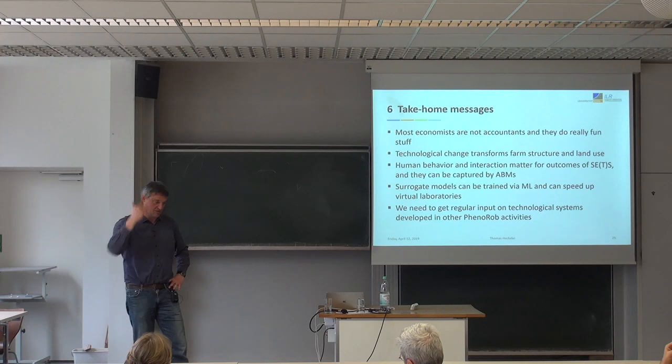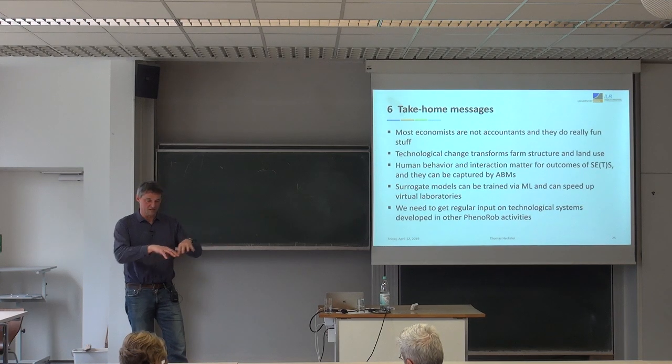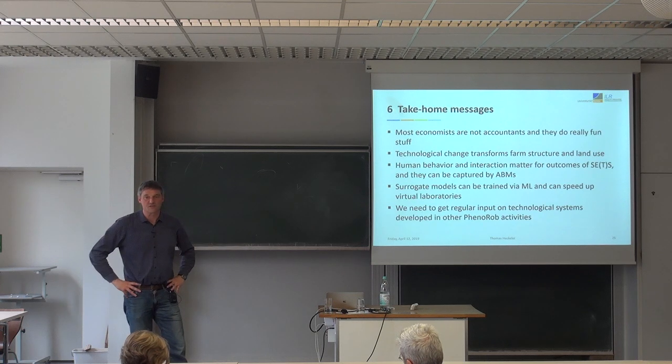Especially when you go into the regional upscaling, you cannot forget the animal production systems, even when you only look at crop management. So I think our choice would be to give it an empirical context like North Rhine-Westphalia. That would probably be, for all kinds of reasons, a good starting point.